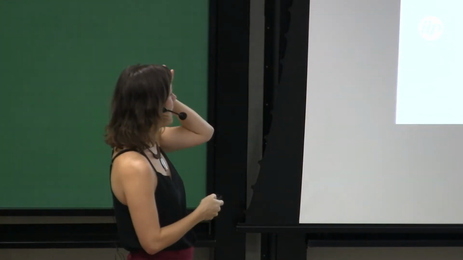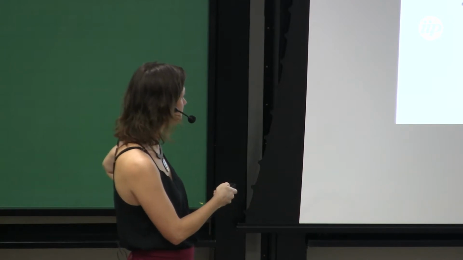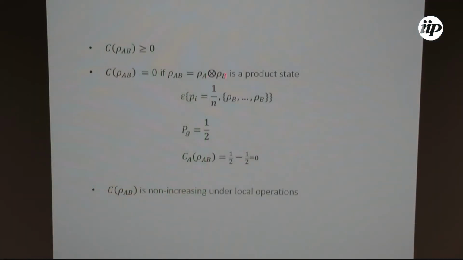Then I need to show you that it satisfies these three properties. Let's just start with this one, where I show that this correlation measure is always 0 if I have a product state. I'm just taking the case where I'm doing the measurement on part A. Then I'm preparing all the part B in the same state always.